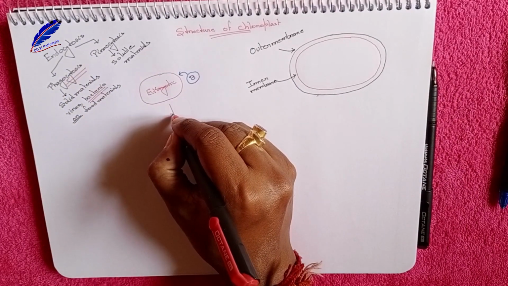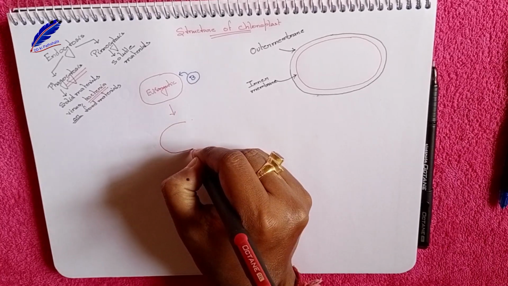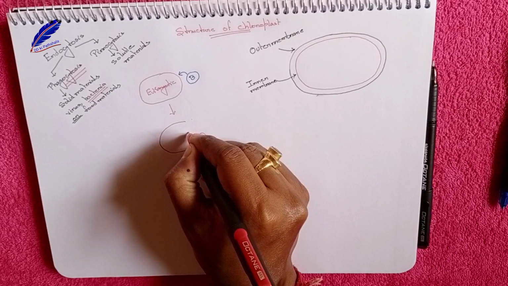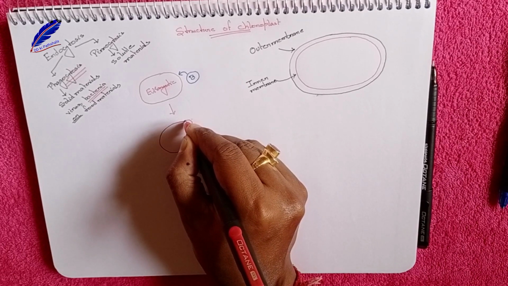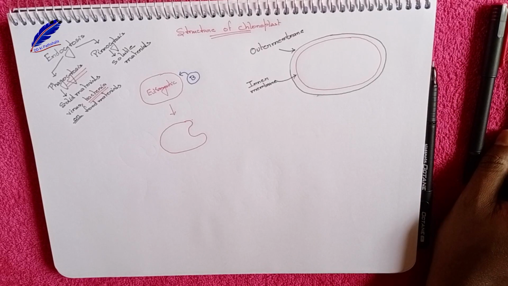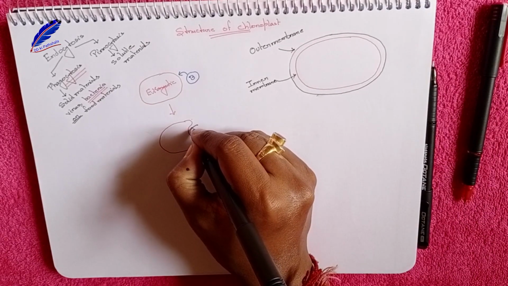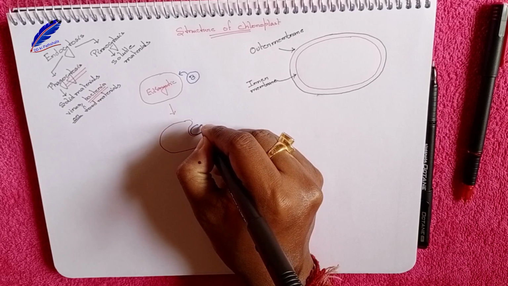So what will happen? In the plasma membrane of the eukaryotic cell, invagination will take place, and through it the bacteria will enter.